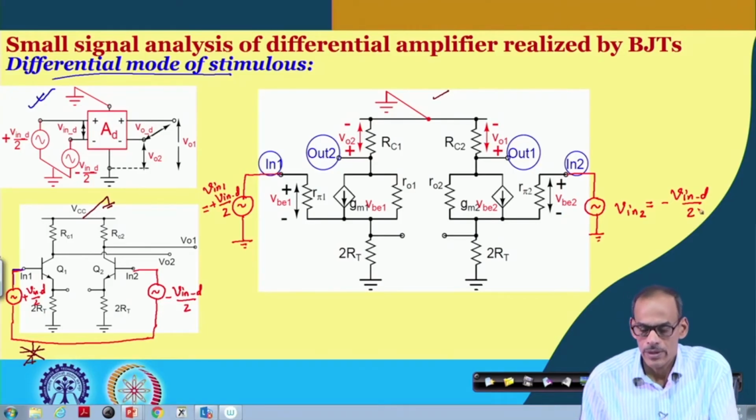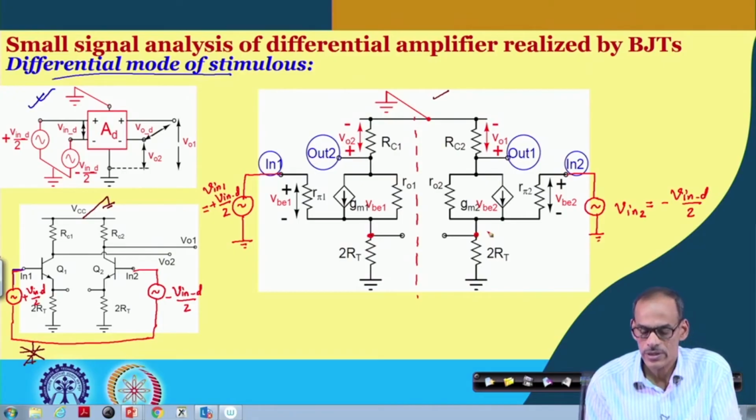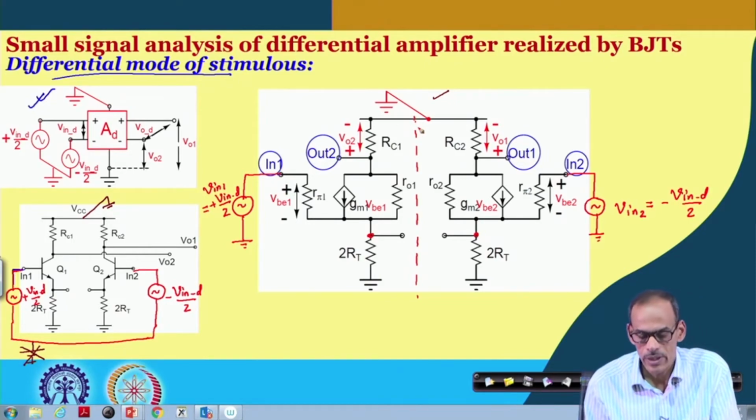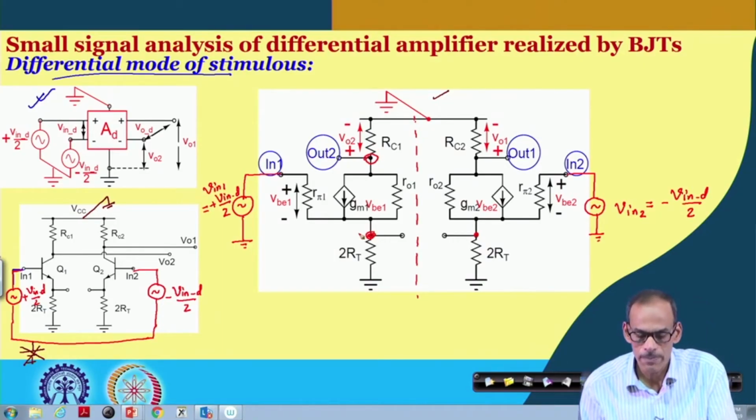And in our intuitive analysis, what we have said is that if I consider the two halves of the circuit, with the emitter nodes here disconnected, we can then split the circuit into two parts, and then we can observe the signal we are getting at this node, and the signal at this node.